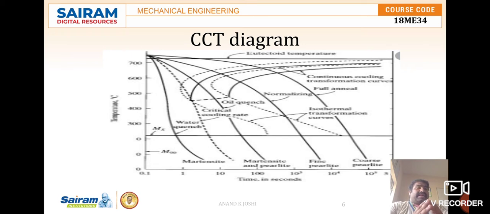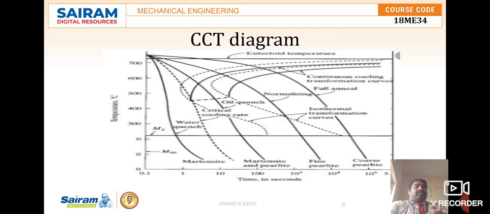On the other hand, for the structure to be entirely pearlite, the cooling rate must be approximately 40 degrees centigrade per second. So everything depends upon the temperature and how you monitor it. So this is about the CCT diagram.